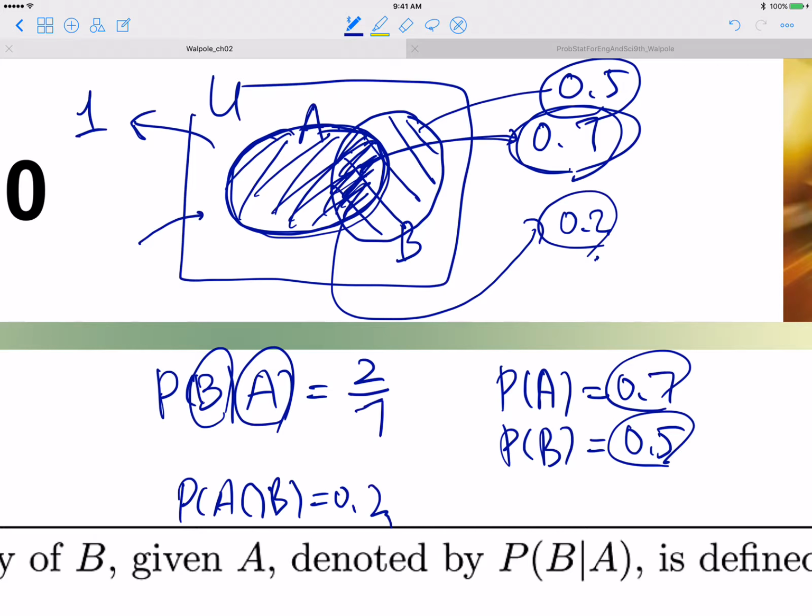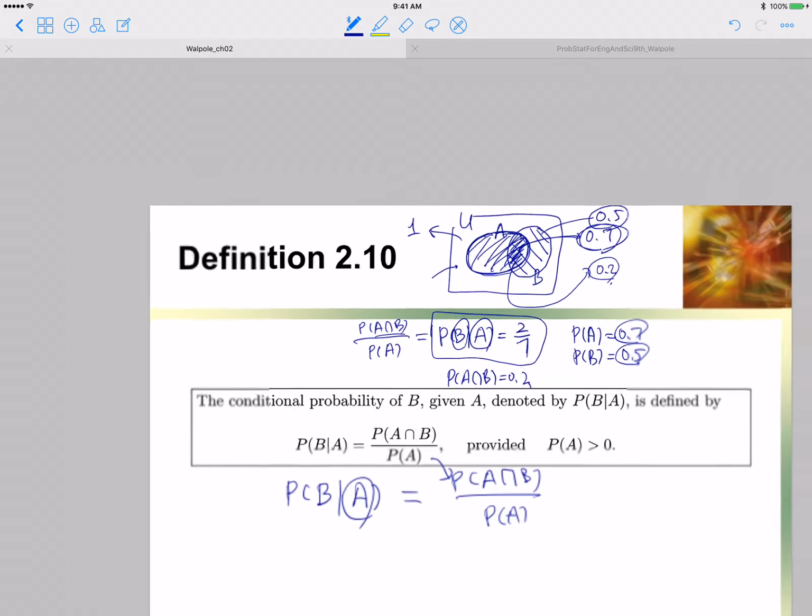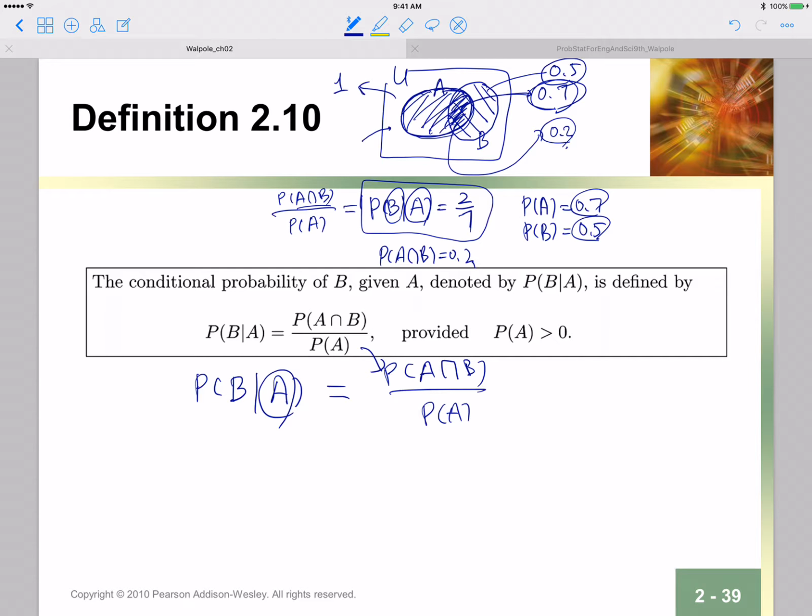So the ratio between 0.7 and 0.2 will be our conditional probability. It can be represented as this, right? The probability of A and B simultaneously happening, divided by the probability of A. Okay, so that is the definition of conditional probability.